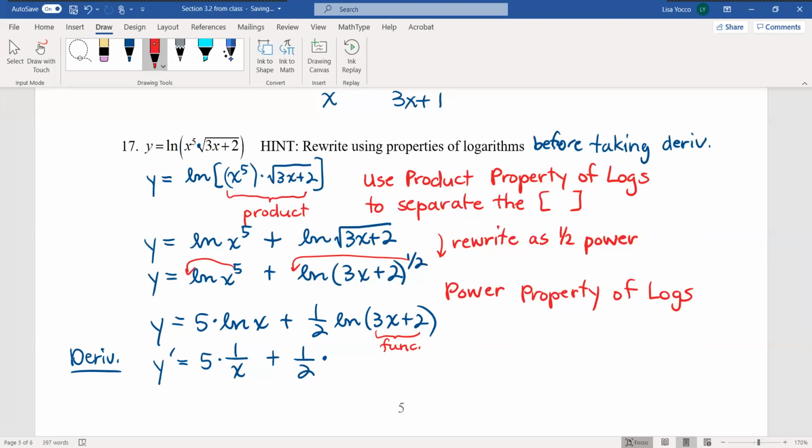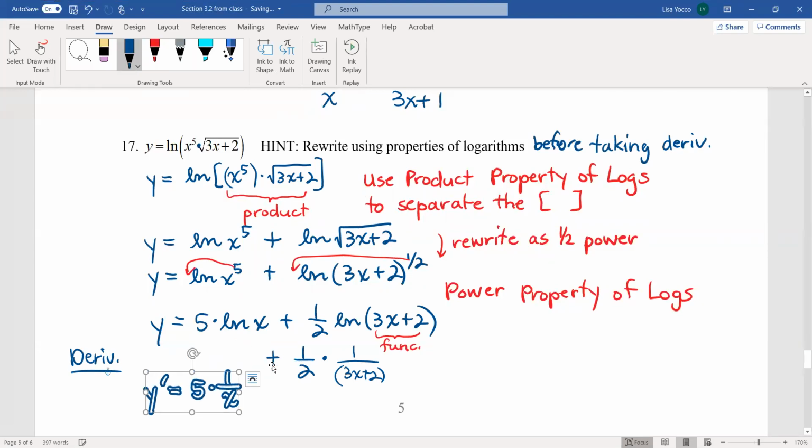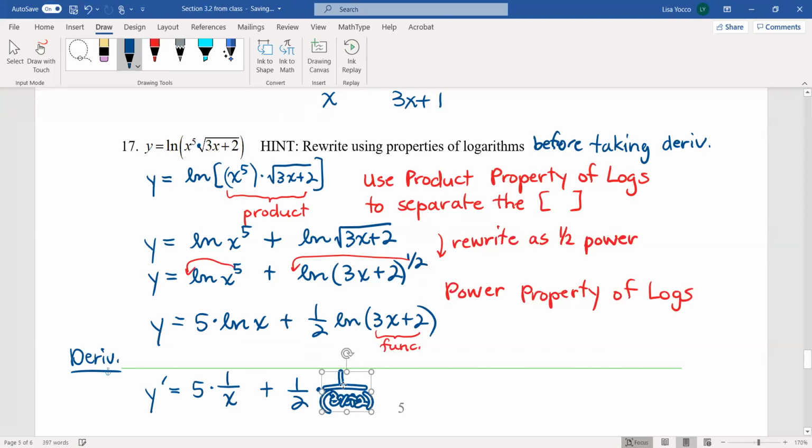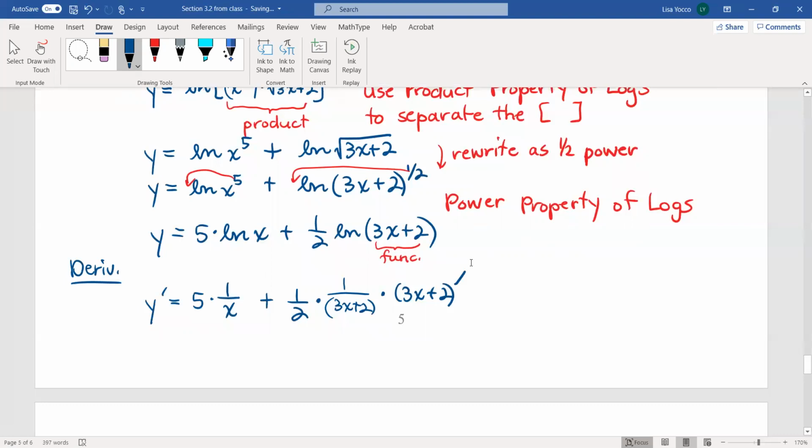The natural log of a function, its derivative is 1 over the function times the derivative of the function. And that always takes an additional step. Right here, the derivative of 3x plus 2 is 3.